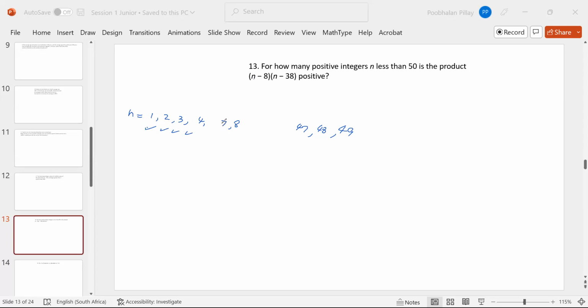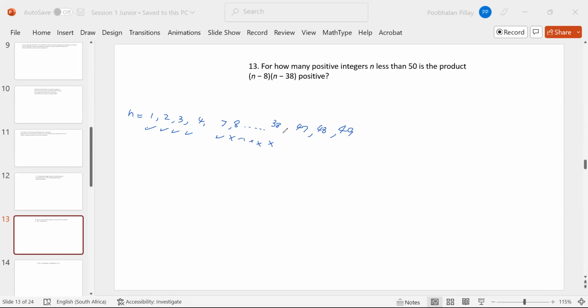So let's see what happens at 7. 7 minus 8 is negative. 7 minus 38 is negative also. So those 7 are accepted, but not 8, because that is 0. And likewise, you come to 38, and that's not accepted. In fact, if you try all these numbers in between, you get negatives.